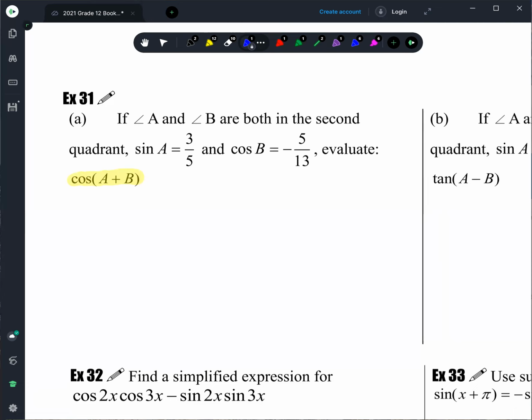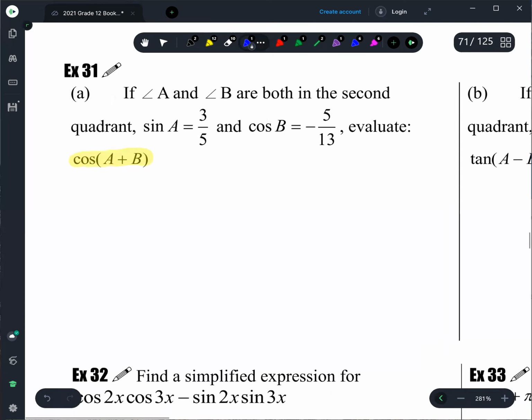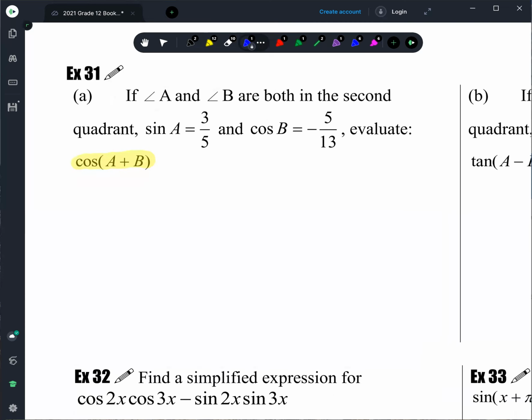So what should we do then? Any plan? Anyone have a suggestion? If we don't know the angle, how can we use the identity? Anyone? Can you use cosine law to find the angle? How do we do that?